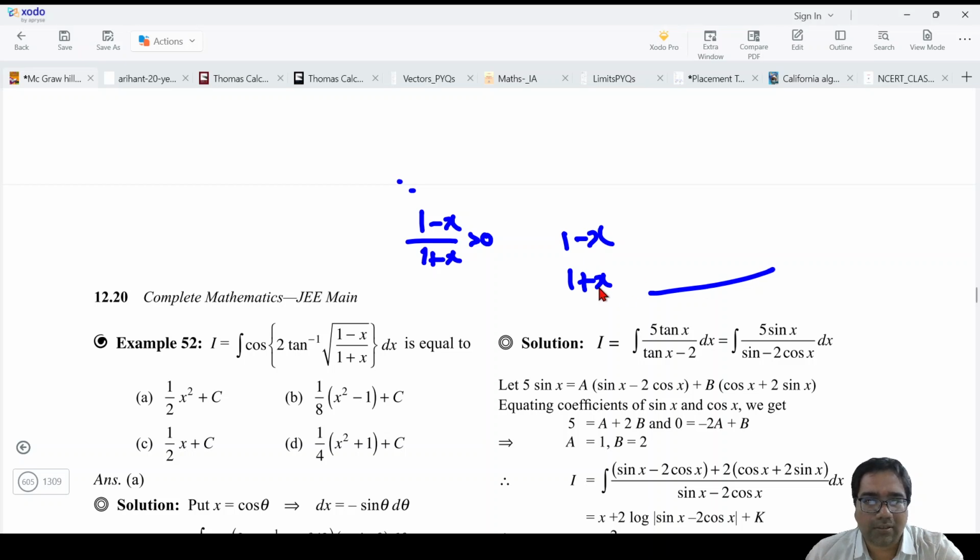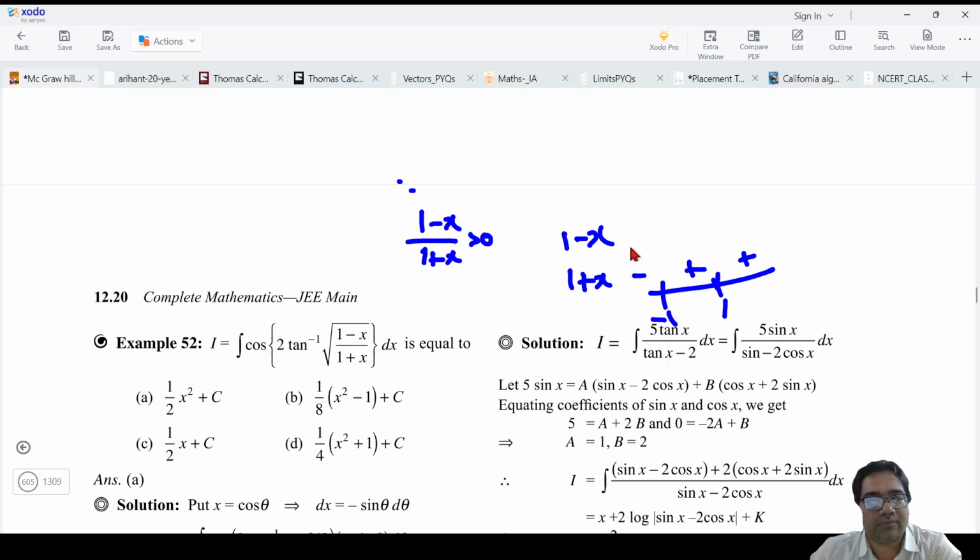When x is greater than minus 1, 1 plus x is positive. So there is minus 1 and let's say there is plus 1. Here it is negative. What about 1 minus x?